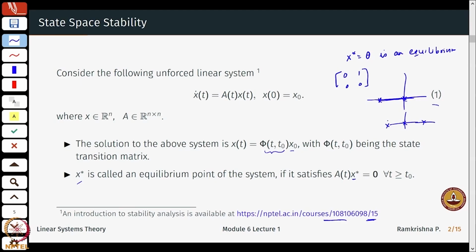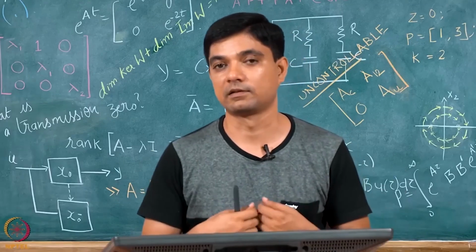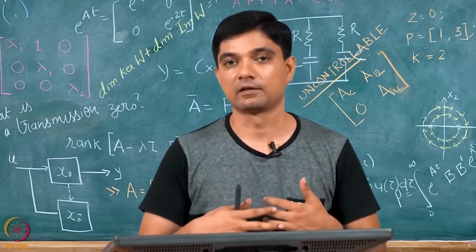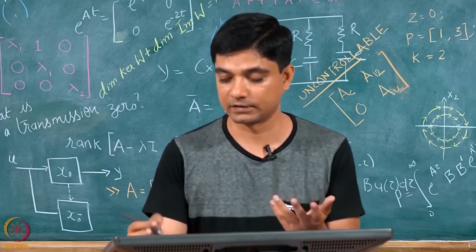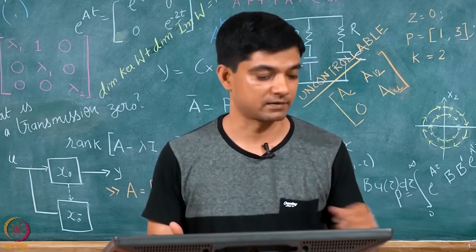The phase space could go something like this. So this is a stable equilibrium, these 2 equilibriums could be unstable, and so on. We call these isolated equilibrium points, but for us we know that the origin is the equilibrium of interest, and just for notational purposes we will call it generally x star.